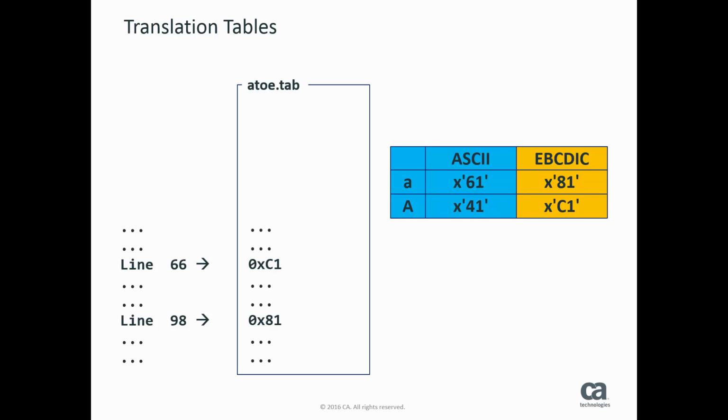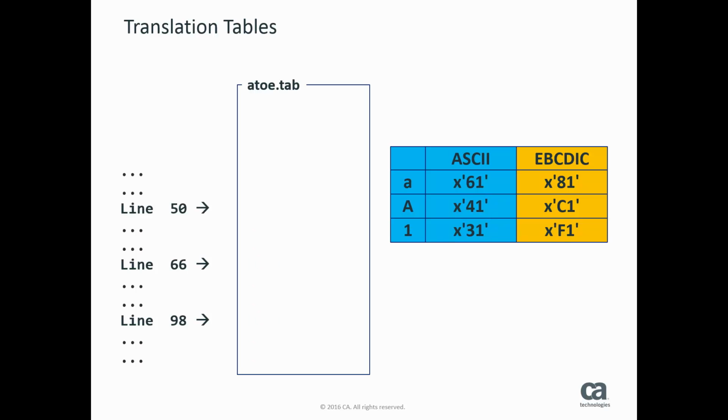So take care if you are going to change anything in these tables. The same for numbers. The number 1 is represented by ASCII value hexadecimal 31. This is 49 in decimal value. So we fill the EBCDIC value for the 1, which is F1, into line 50.